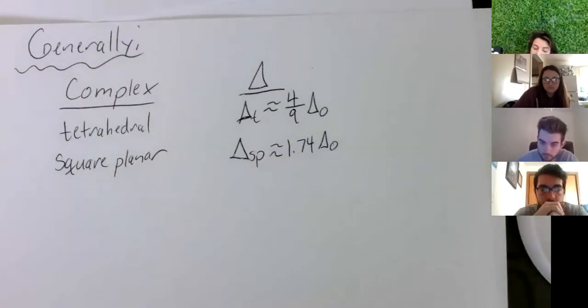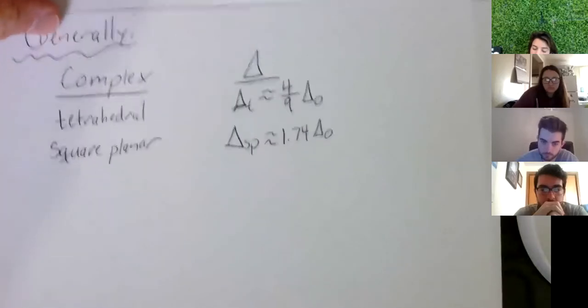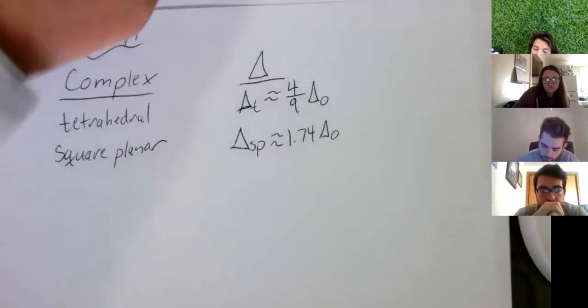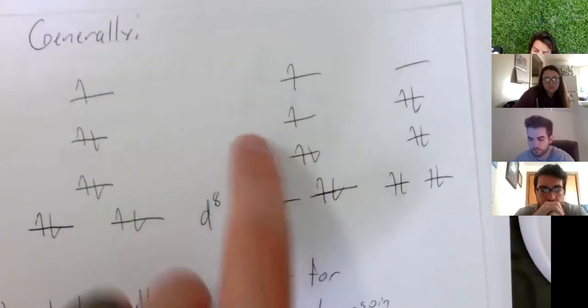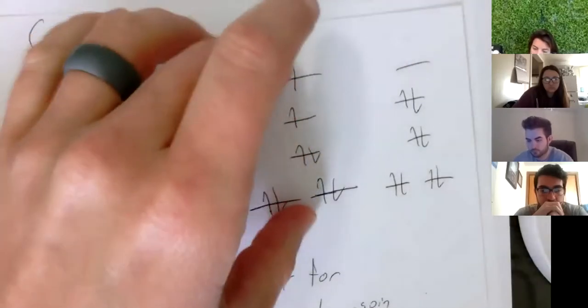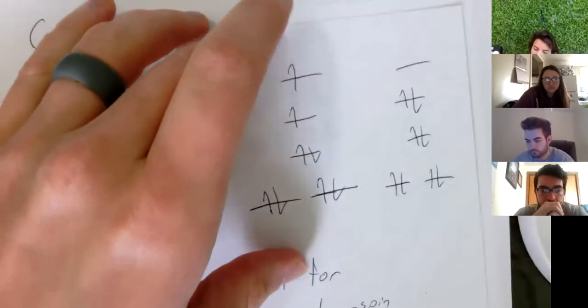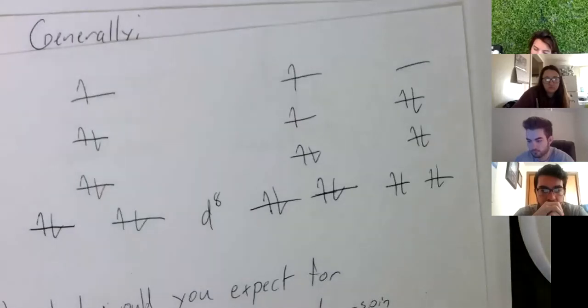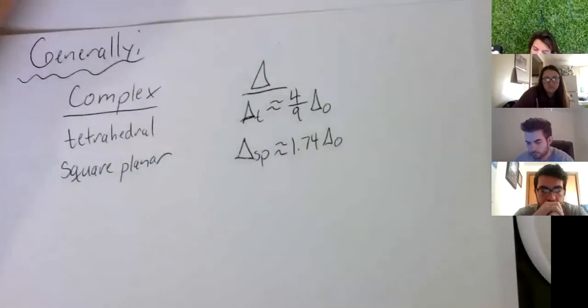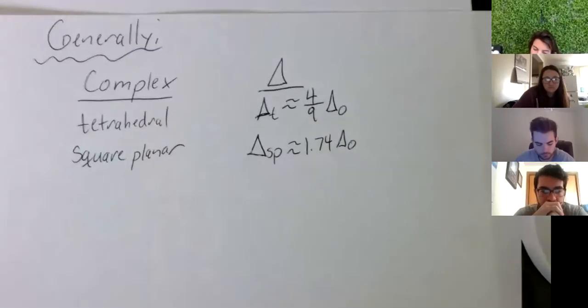Most of the time with those square planar complexes, even though we drew this D8 one that had a high spin, most D8 square planar systems will not have a high spin, just because the energetics is so much larger than for octahedral and tetrahedral. Okay? Any questions about that?